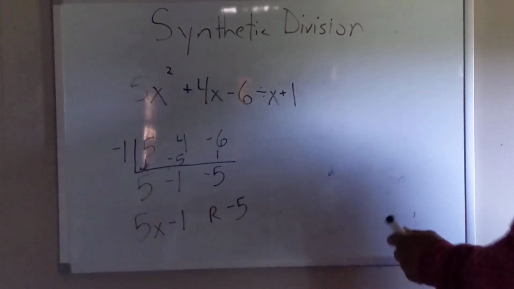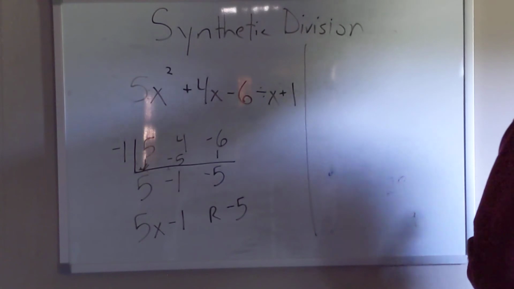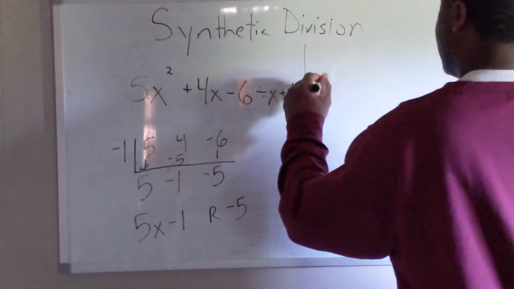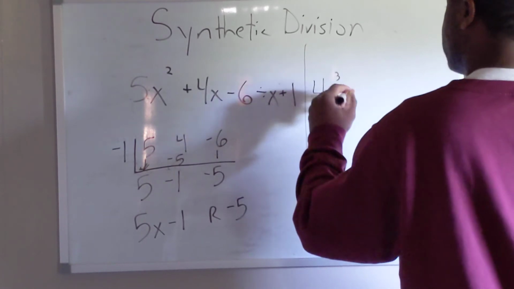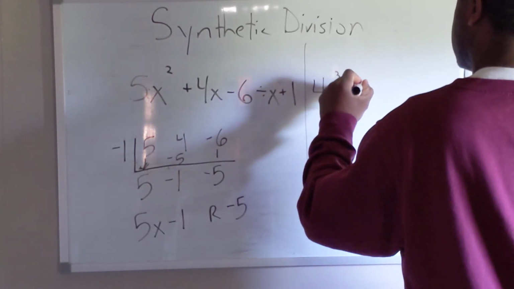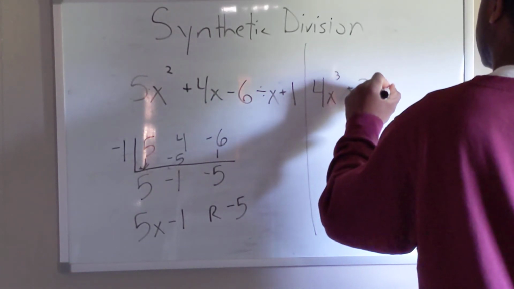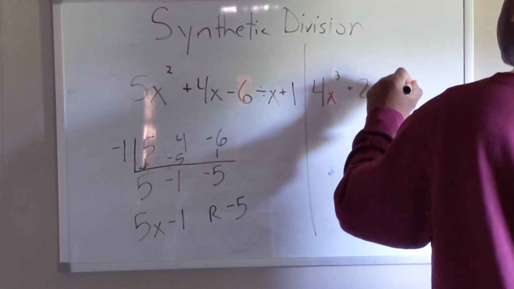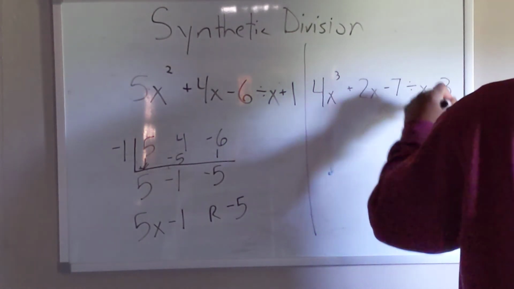Let me see if I can do one on this other side and save some space. Let's say 4x cubed plus 2x minus 7 divided by x minus 3.